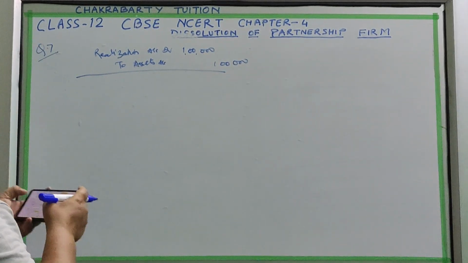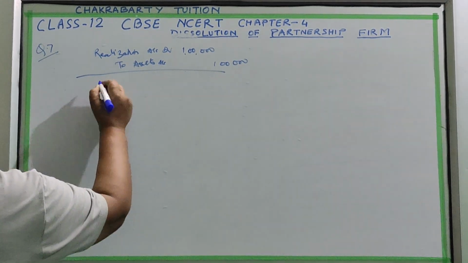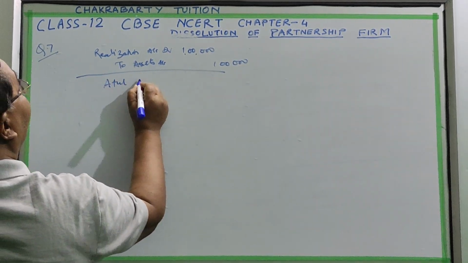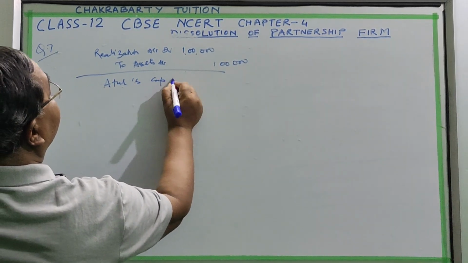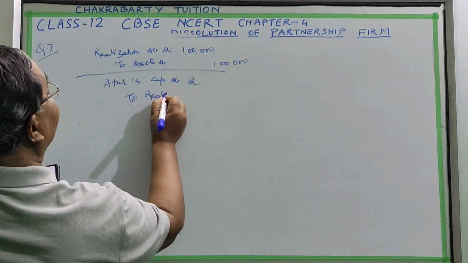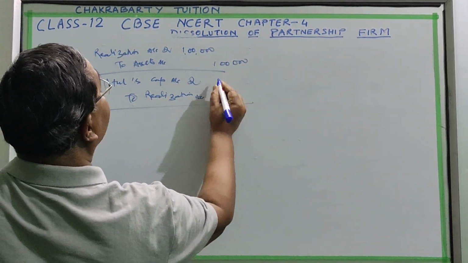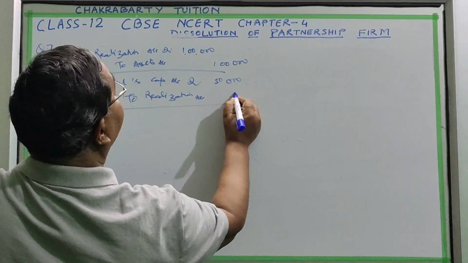Then what happened? 50% of assets were taken by Atul. So Atul's capital account debit to realization account. 50% he has taken, and 50,000 we will write here.